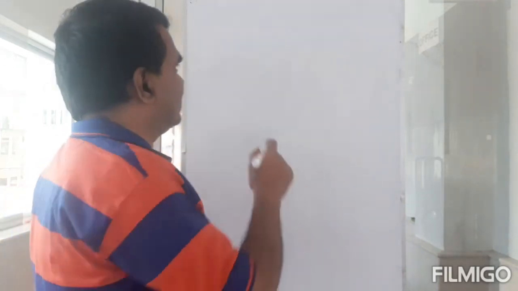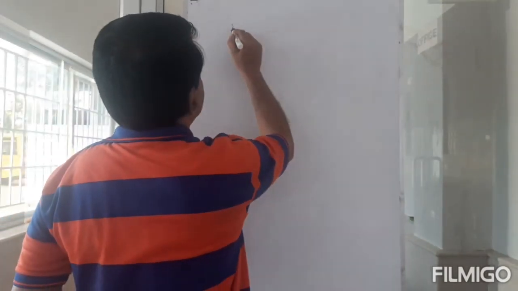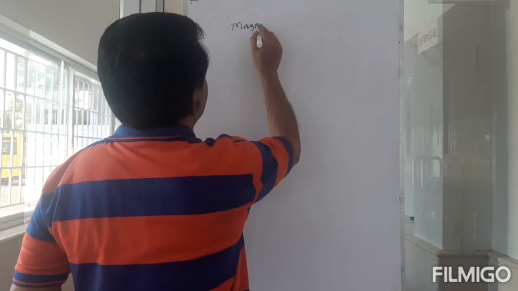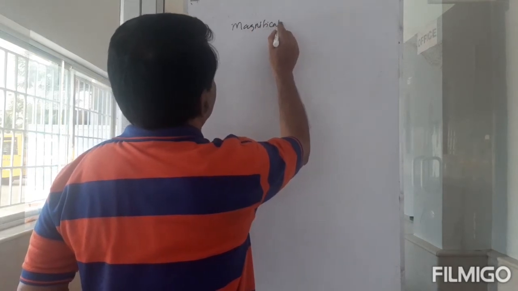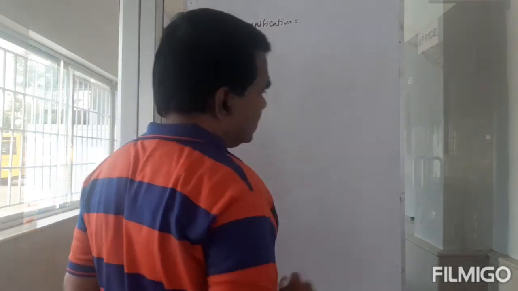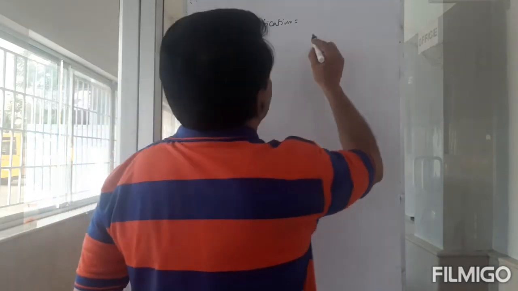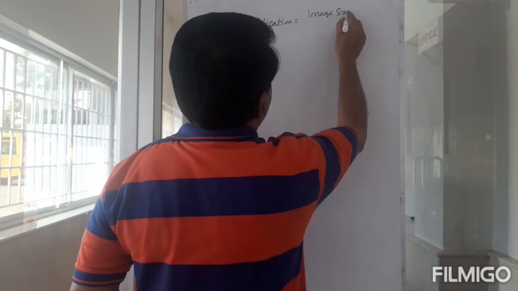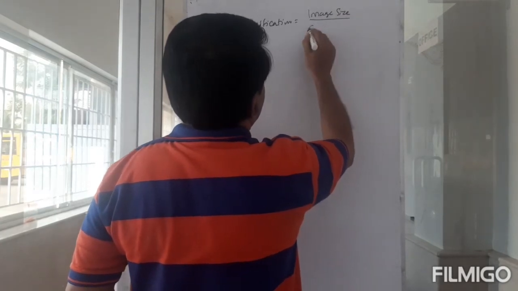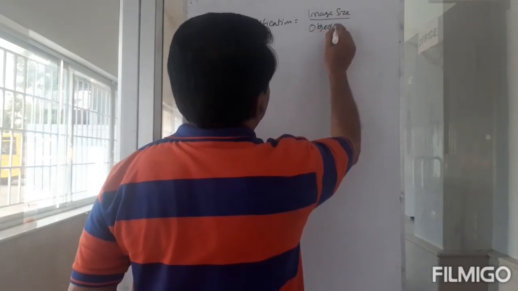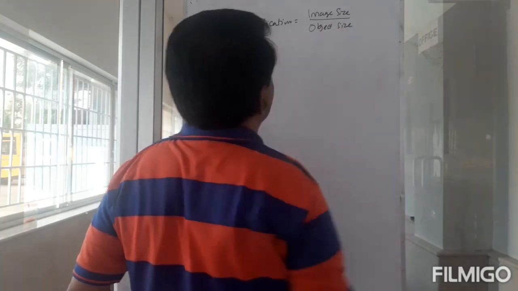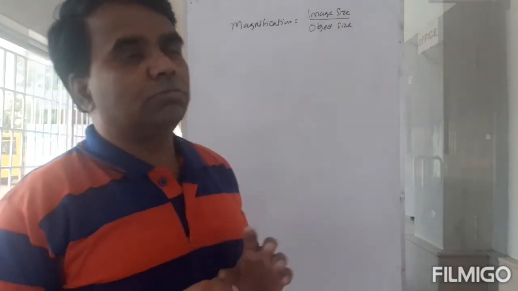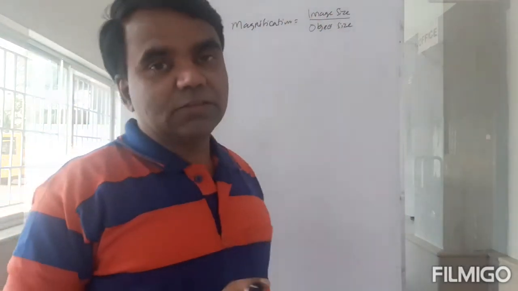In the case of mirrors, we discussed the magnification. We said the magnification is equal to the image size divided by the object size. So this is how we define it.